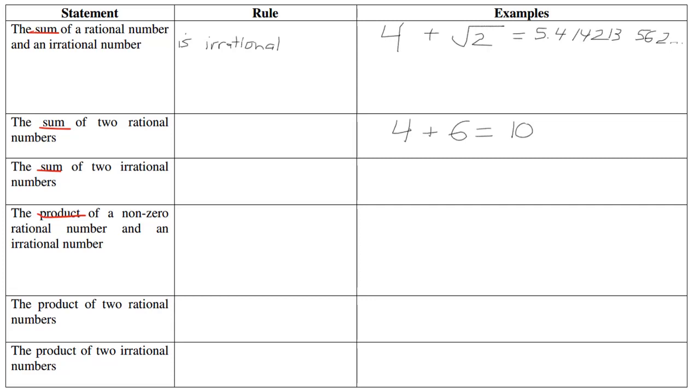And even if I wanted to go crazy and add another type of rational number, like, I don't know, a fraction, or like an integer, a negative number, I'm still going to get a number that is rational. So no matter what, when I add two rational numbers, I will get a rational answer.